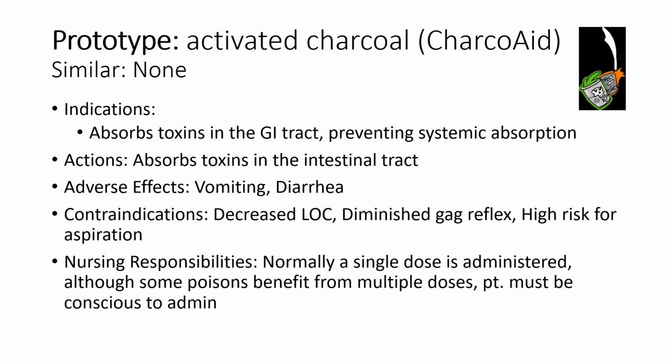Sorbitol is kind of like a sugar, but it purposely causes some diarrhea because you want the charcoal to work, but you also want to create almost like a laxative effect. So often there's activated charcoal in sorbitol to start the flushing process as well.